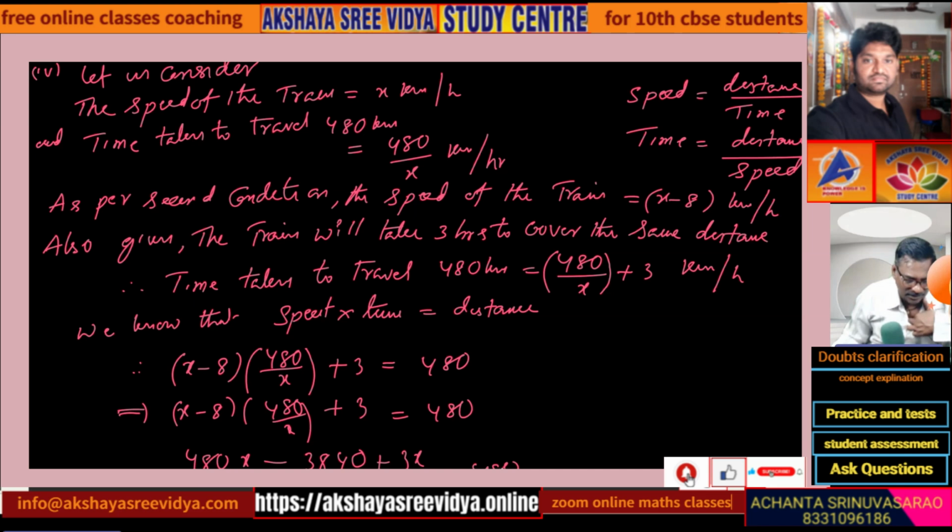It is not clear. x minus 8, 480 by x plus 3 is equal to 480. So 3 is also there. It is not clear.